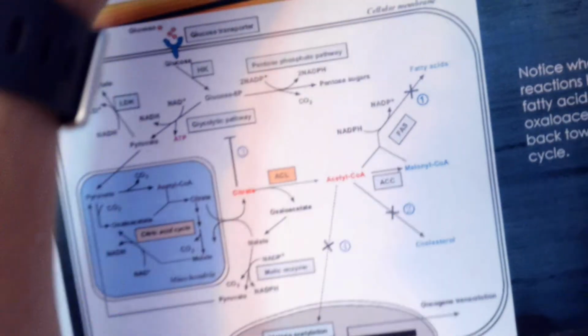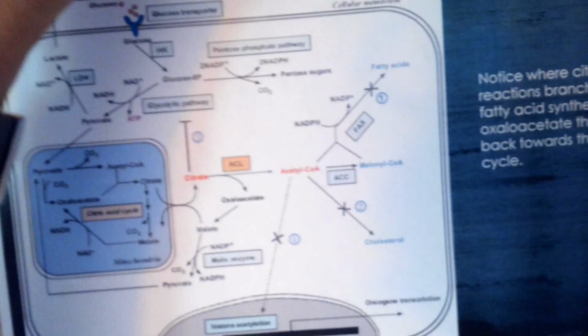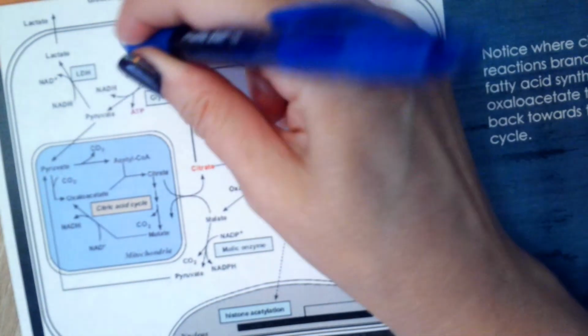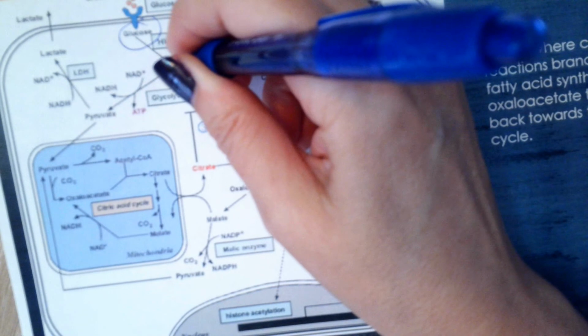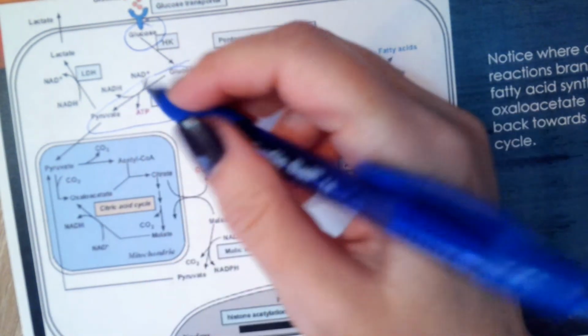Okay, so this slide here, this is a familiar slide, from our last video, or 2 videos ago, I should say. So remember that we looked at it as, where's our glucose? Here's glucose. There's glycolysis up here, so the familiar parts again, glycolysis going into the Krebs cycle, citric acid cycle, whatever you want to call it.